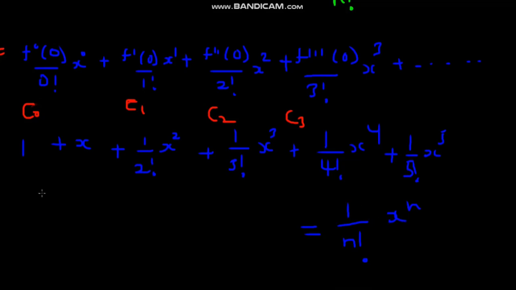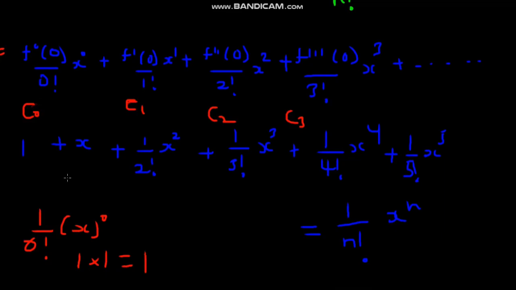If I want to find the first term, the first term starts from 0, so that will be 1 over 0 factorial times x to the power 0. Then 1 over 0 factorial gives me 1, and x to the power 0 will also be 1.